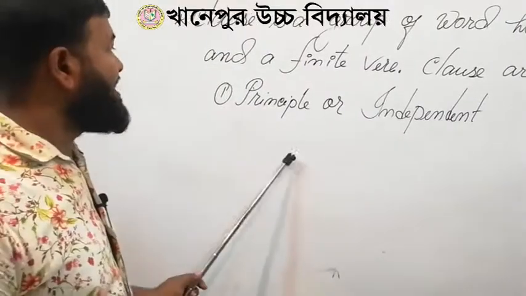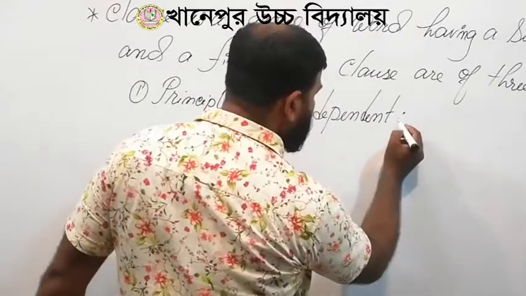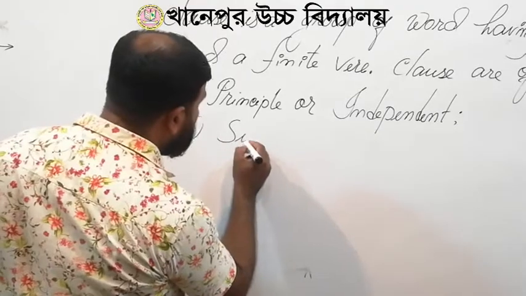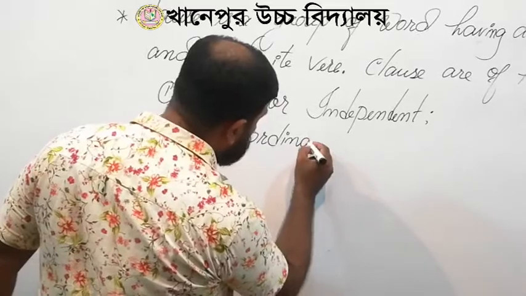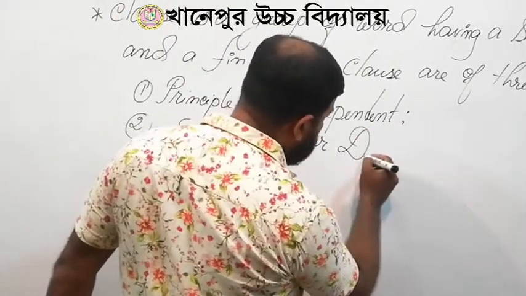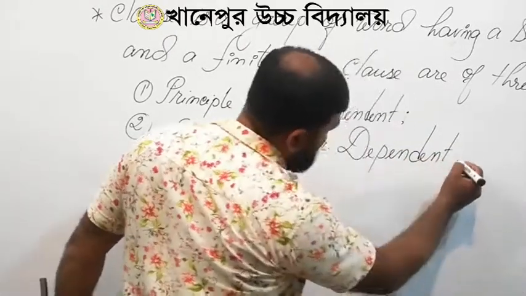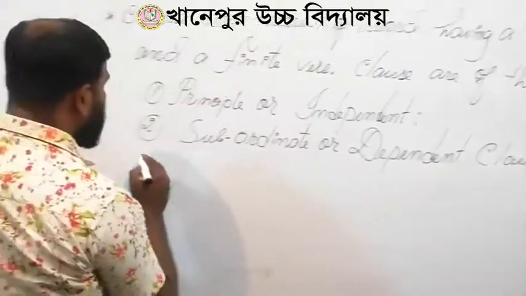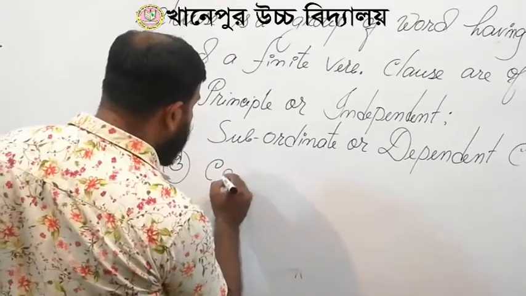Number one, principal or independent clause. Number two, subordinate or dependent clause. And number three, coordinate clause.